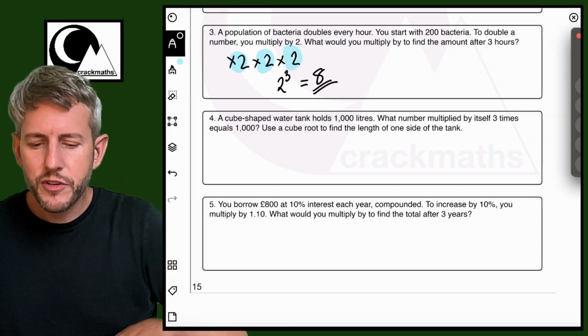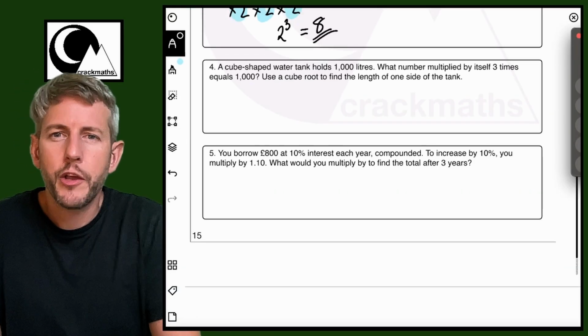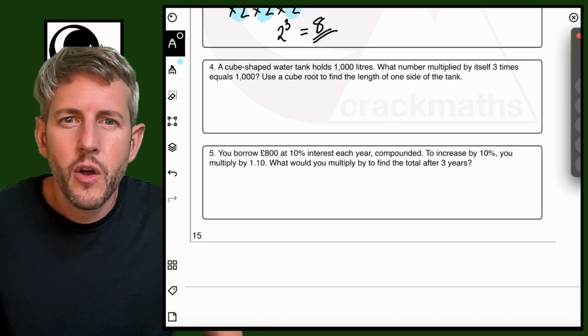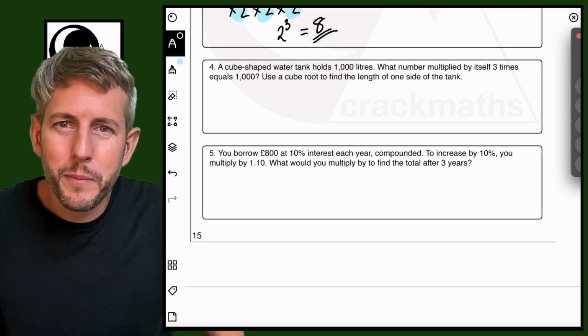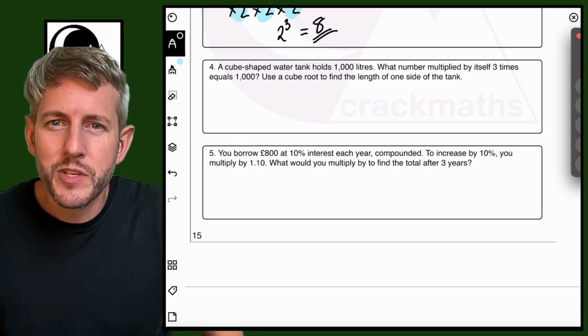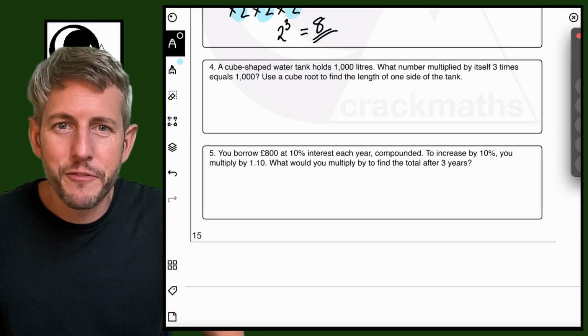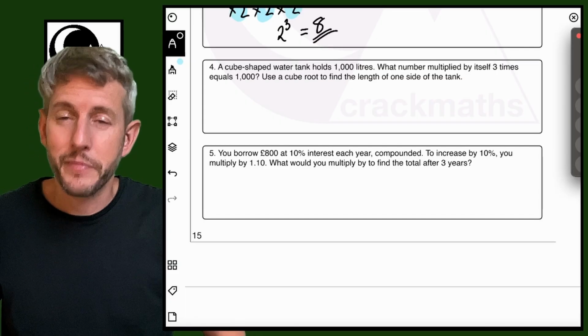Right, question 4. A cube-shaped water tank holds 1,000 litres. What number multiplied by itself 3 times equals 1,000? Use a cube root to find the length of one side of the tank.